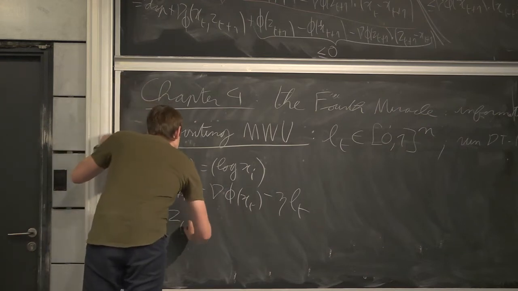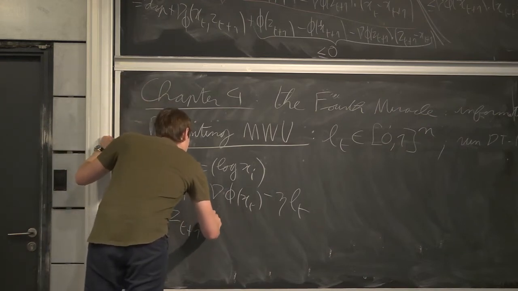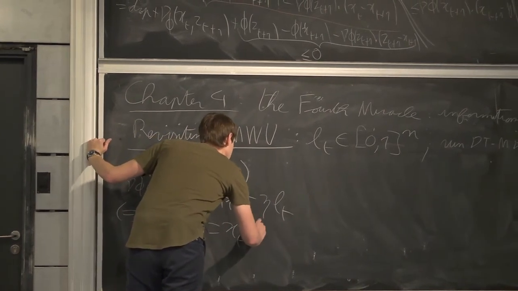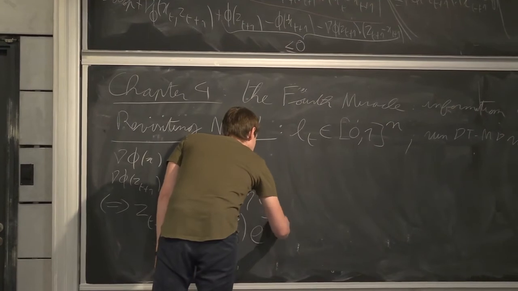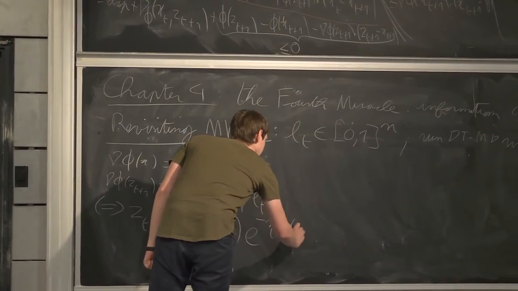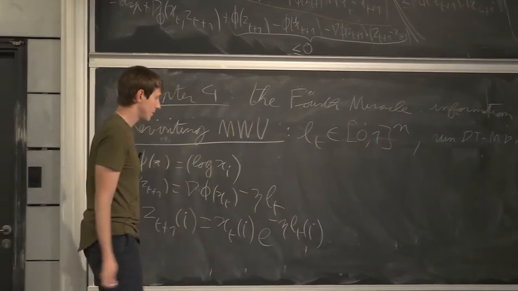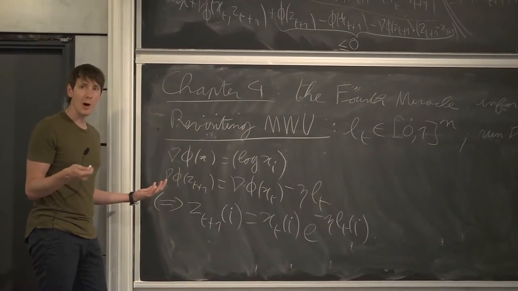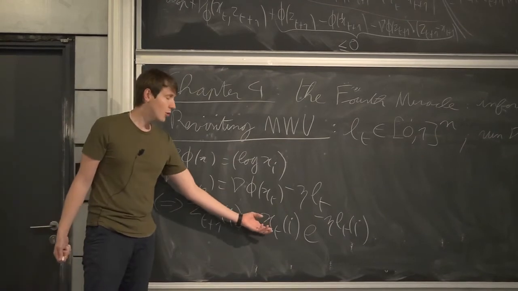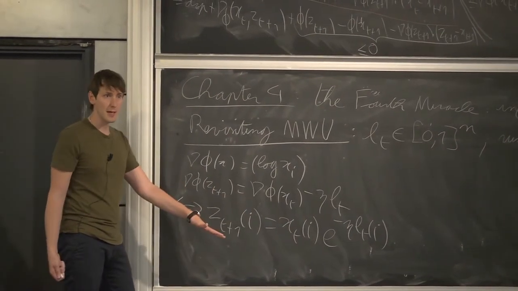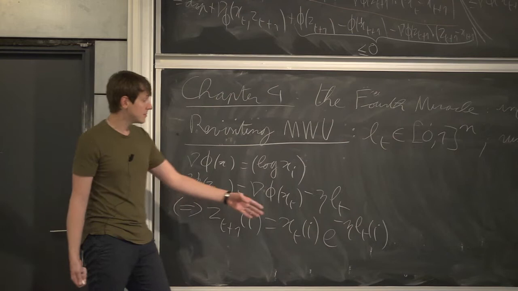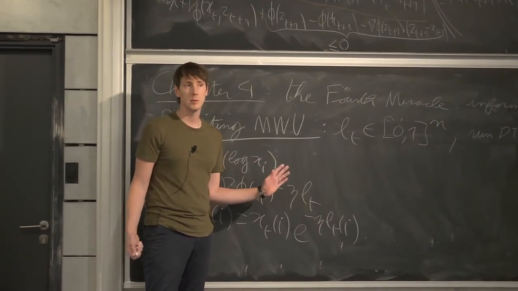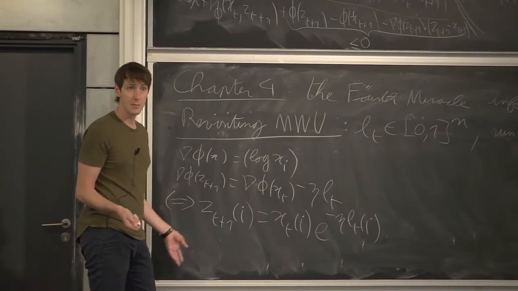I get zt plus 1 of i is equal to xt of i e to the minus eta lt of i. So you see, if my losses were either 0 or 1, either I don't update the coordinate, or if it got a loss, I downweight its value by e to the minus eta, which is like 1 minus eta.